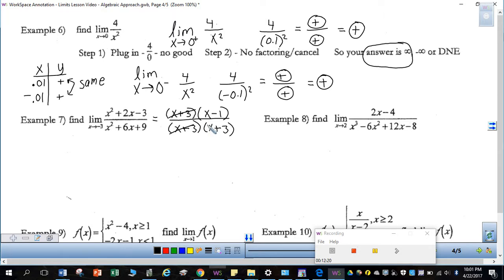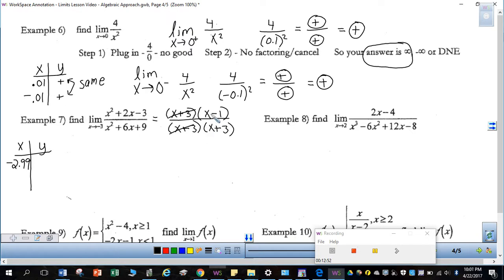We're interested in knowing what's happening to the y values as x approaches negative 3 from either side. So let's first think about what happens as x approaches negative 3 from the right side. So we're going to choose an x value that's a little bit bigger than negative 3, so we could choose negative 2.99.